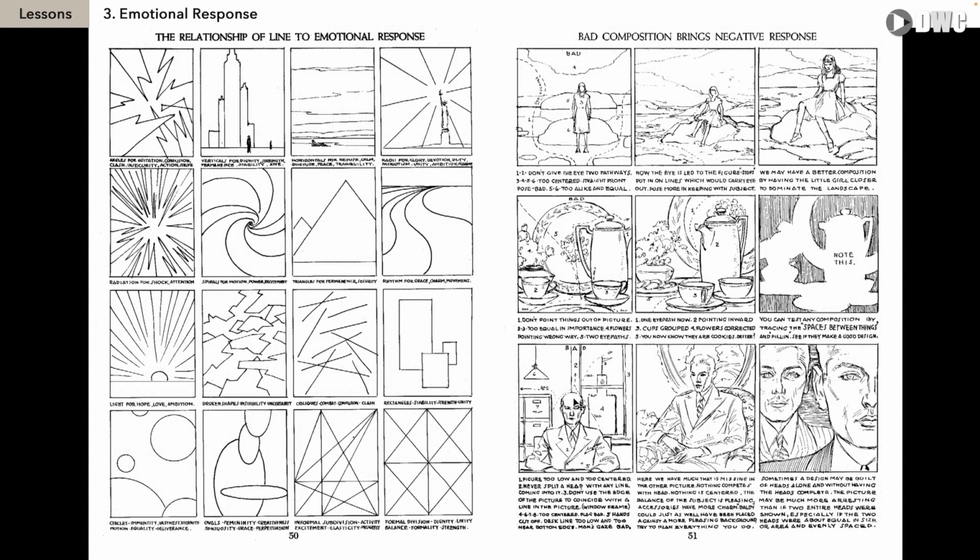This vertical line right here just cuts right through this subject's head. So that's very, very unnerving. We don't want to do that. So those are just some interesting thoughts about how to consciously create emotion and the negative consequences if you don't put thought into the design of your pictures. You can create a negative response in your viewer.